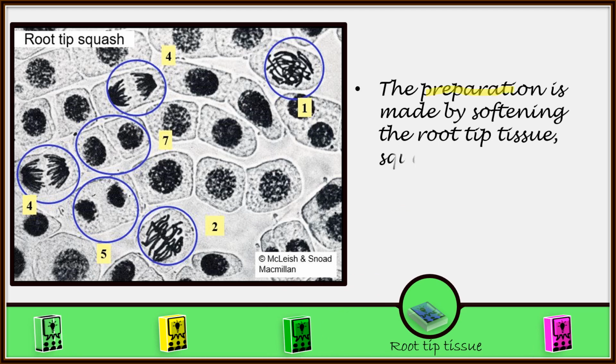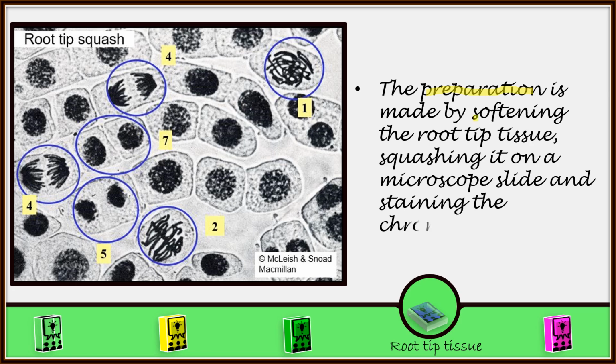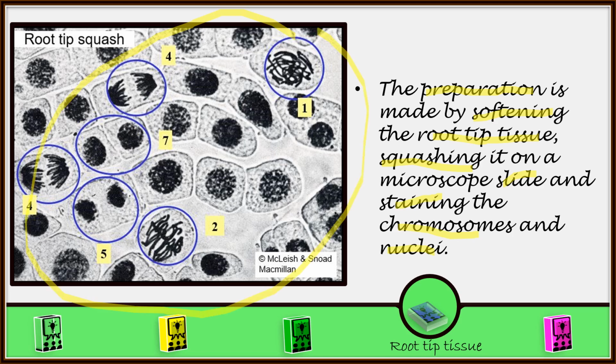The preparation is made by softening the root tip tissue, squashing it on a microscope slide, and staining the chromosomes and nuclei.